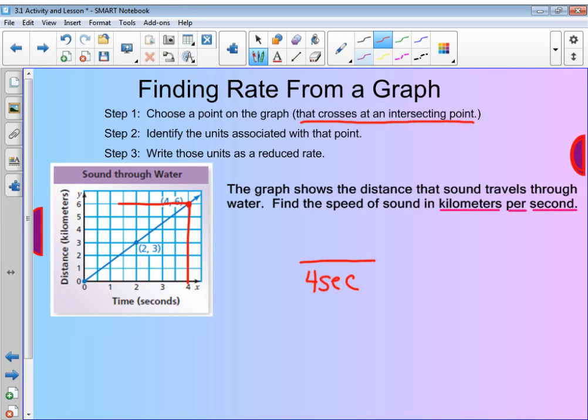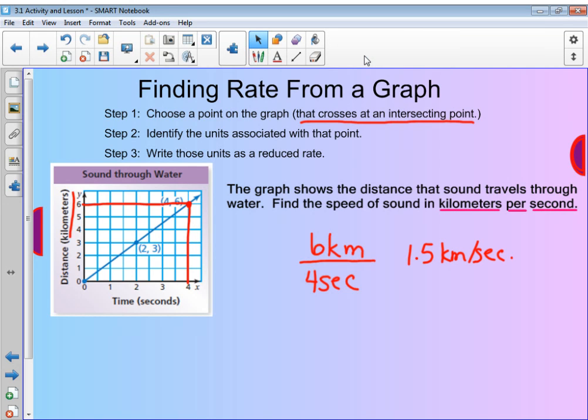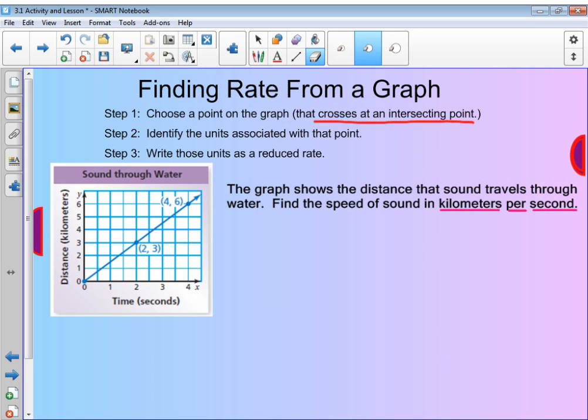And this 6 was my kilometers. So 6 kilometers. This reduces down to still 3/2. Or if I did 6 divided by 4 on my calculator, it's still going to give me 1.5 kilometers per second. So it doesn't matter which of the points I pick. Okay, they still have the same unit rate.